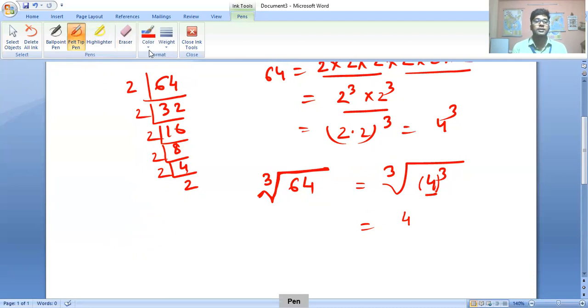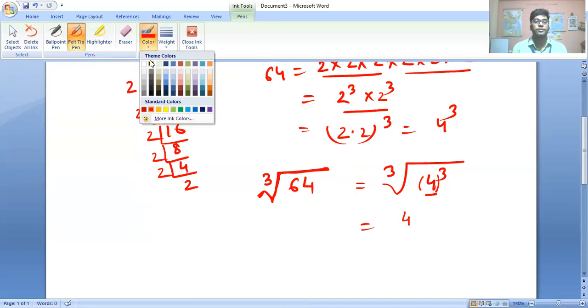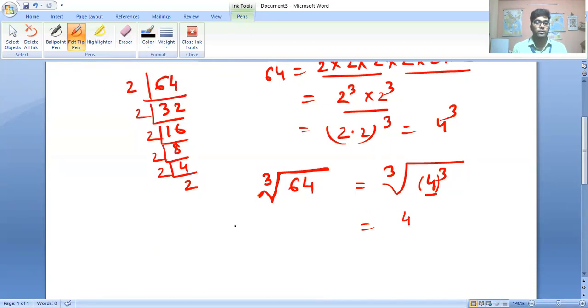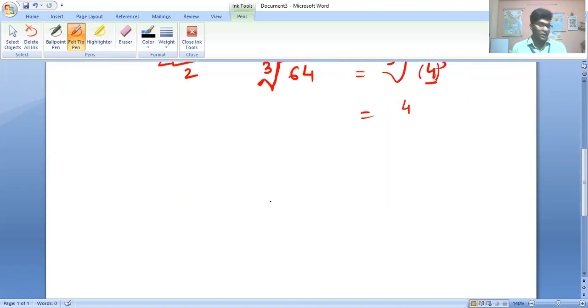So let us start the exercise then. First, exercise 4C.